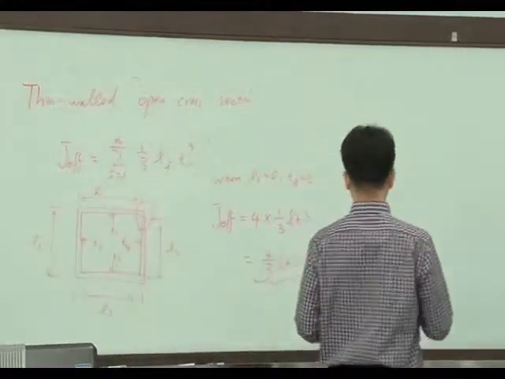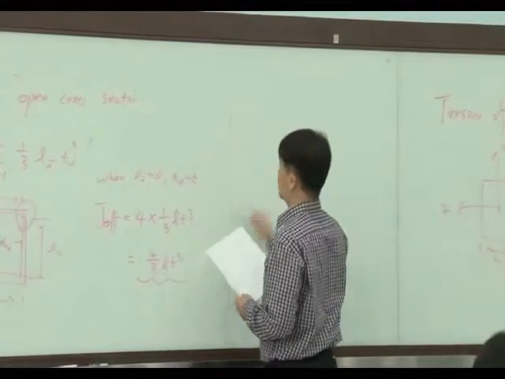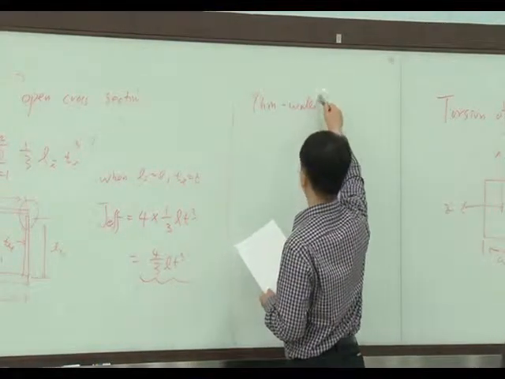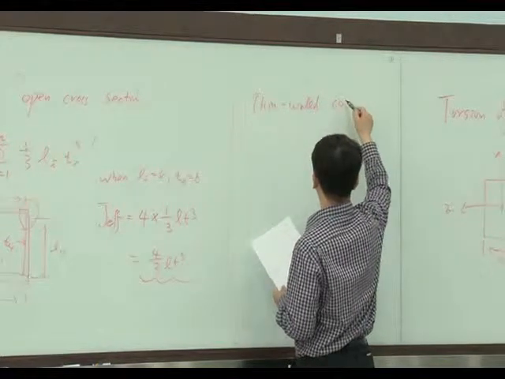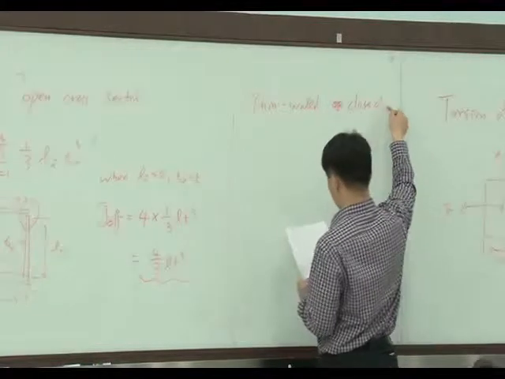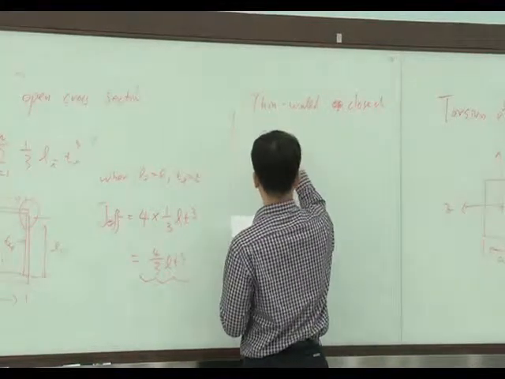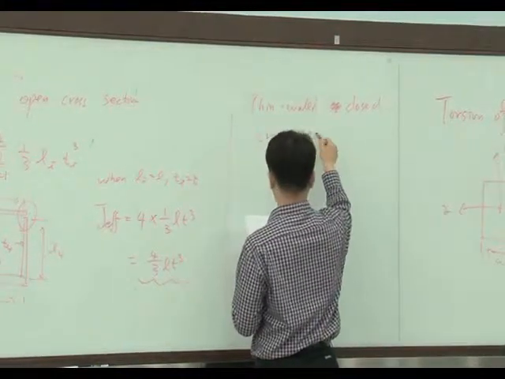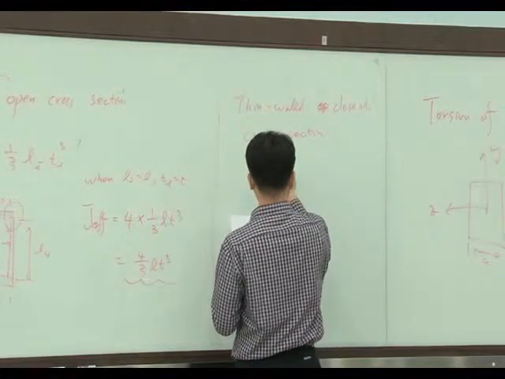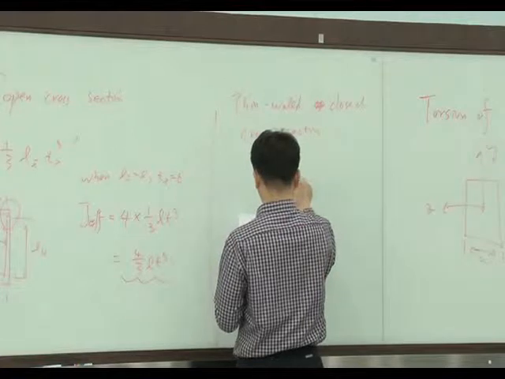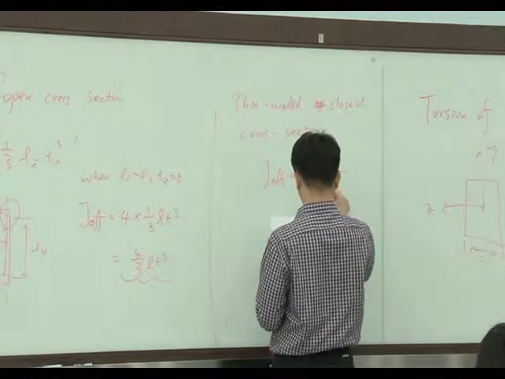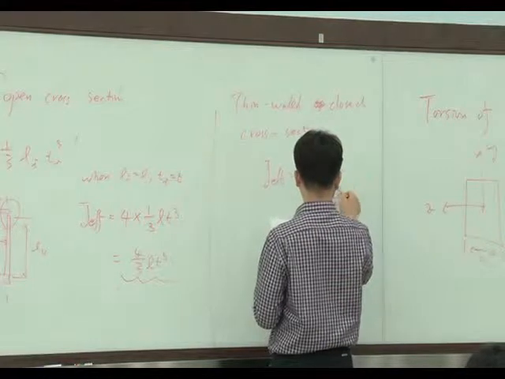Let's compare the result with the thin-walled closed cross section. J effective is calculated by 4A squared over the integral of ds over t.